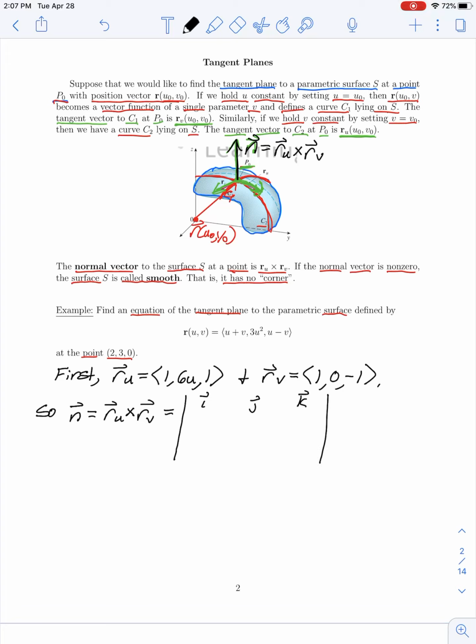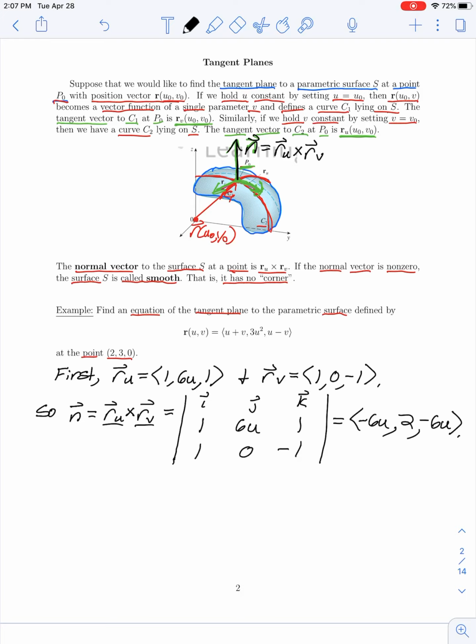Our second row is the partial derivative of r with respect to u, that is (1, 6u, 1), and the partial derivative of r with respect to v is our last row, that is (1, 0, -1). Finding this cross product, for our i component we have -6u minus 0. For our j component, we have 1 minus a negative 1, so 2. And for our k component, we have 0 minus 6u, so -6u.